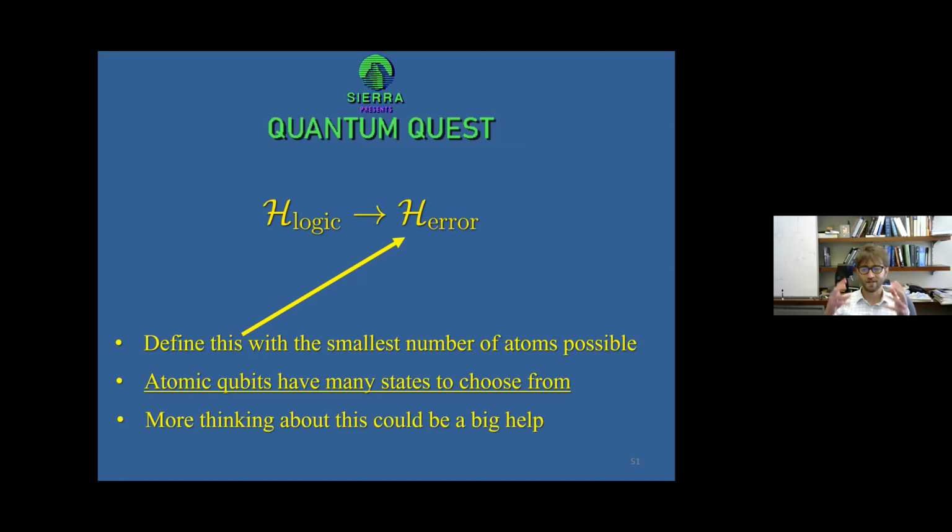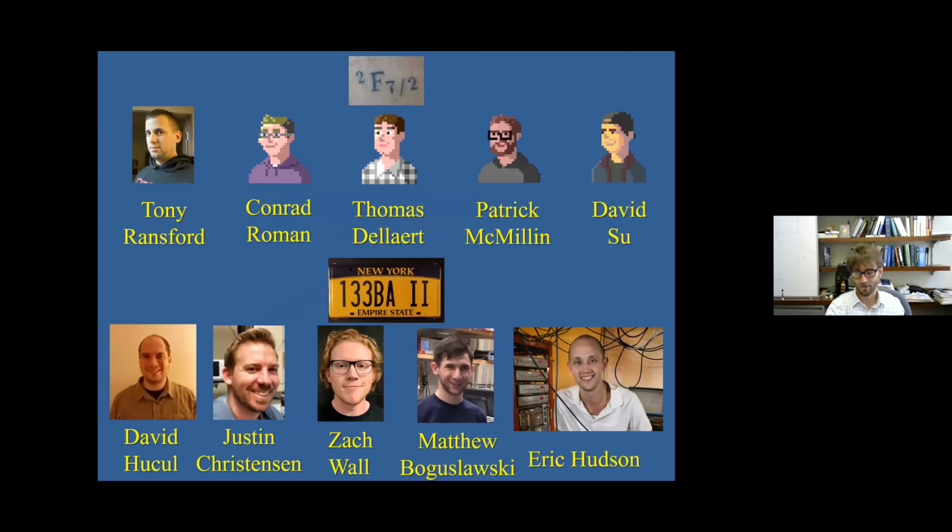Things along the lines of GKP codes or the molecular codes that John Preskill's been talking about. If we start thinking about atoms as having so many states that they are continuous variables, that might be an avenue, but somehow or another, using more states inside a single atom instead of using more atoms is probably a fruitful avenue for pushing us forward.